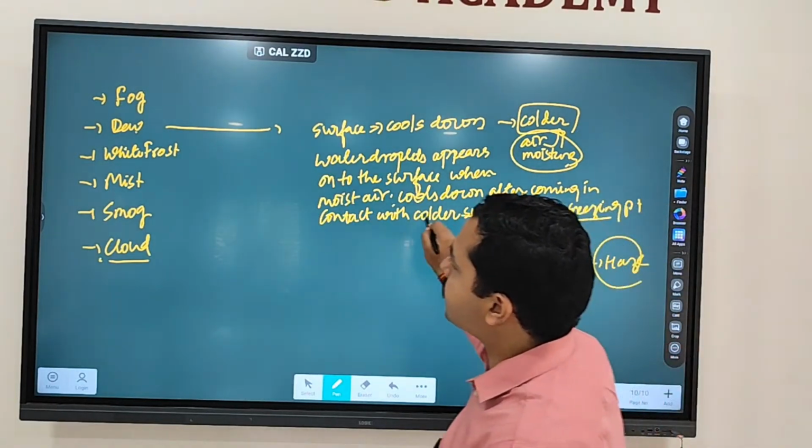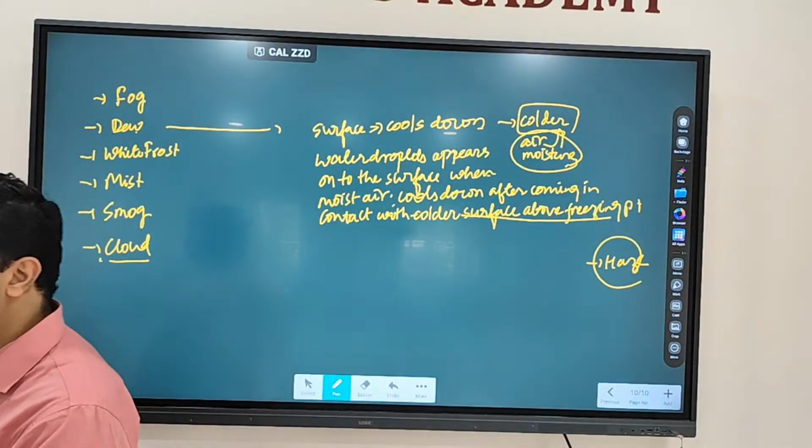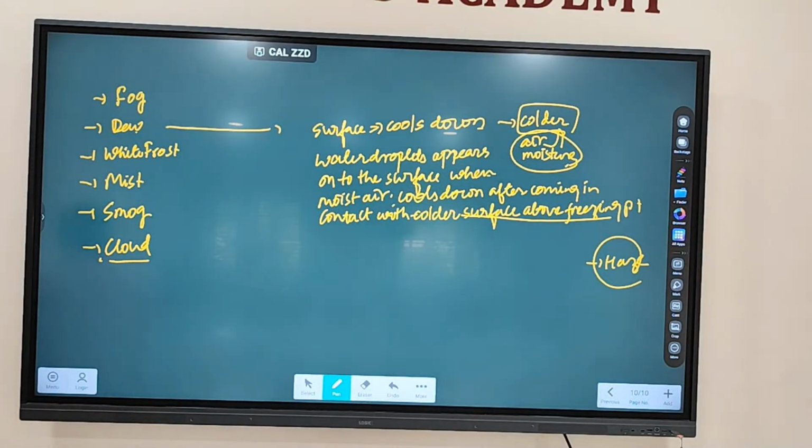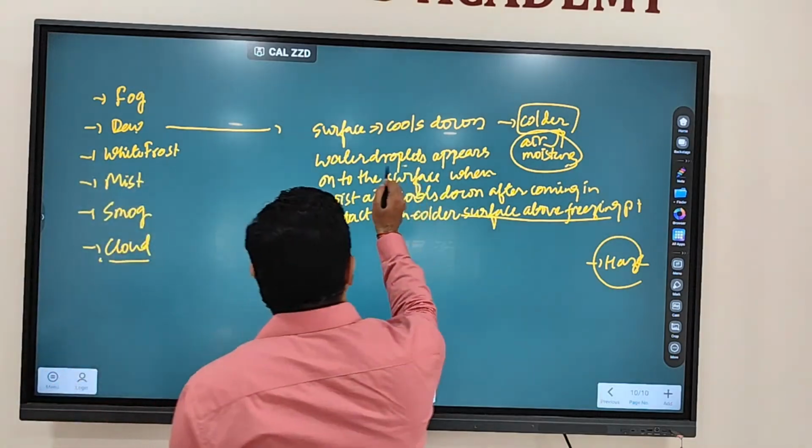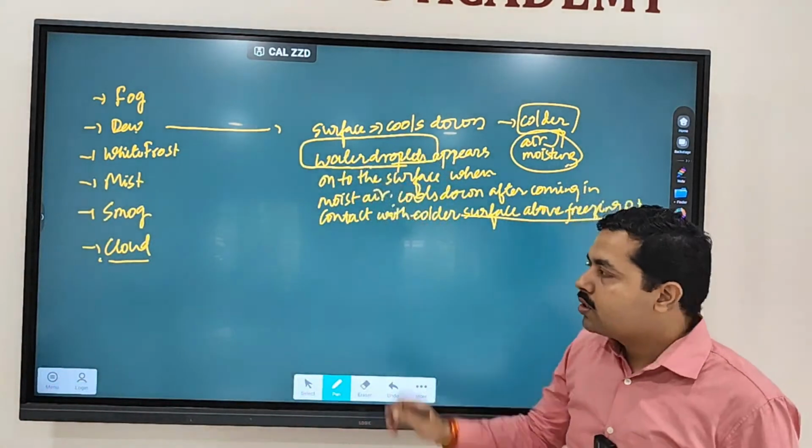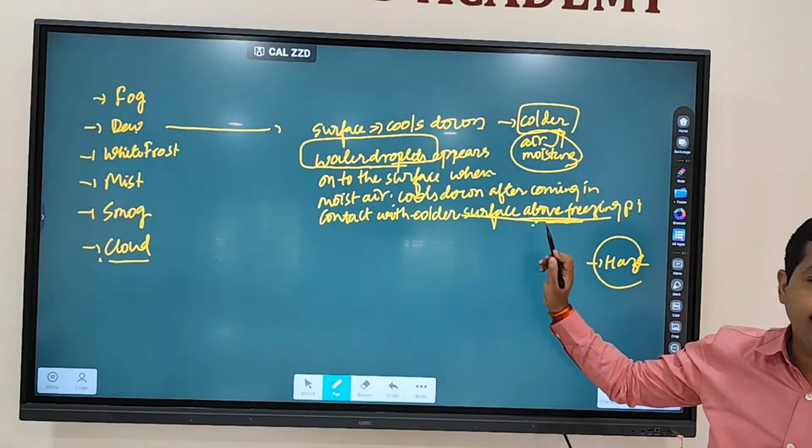So here the condensation will take place above what? Condensation will take place above freezing point. Fine. So water droplets appear on the surface when moist air cools down after coming in contact with a colder surface, above freezing point. Clear? So above freezing point means vapor will convert into what? Vapor will convert into water. So condensation is taking place above freezing point.